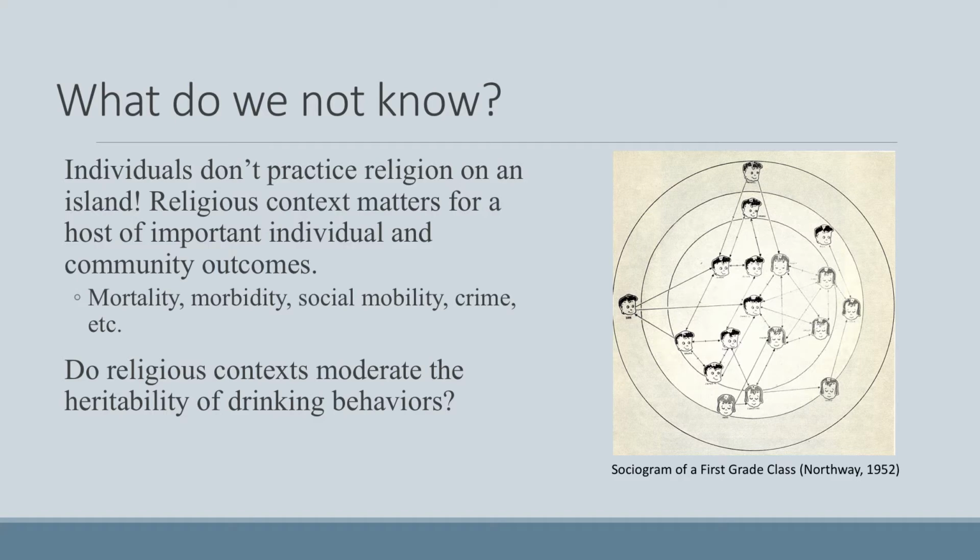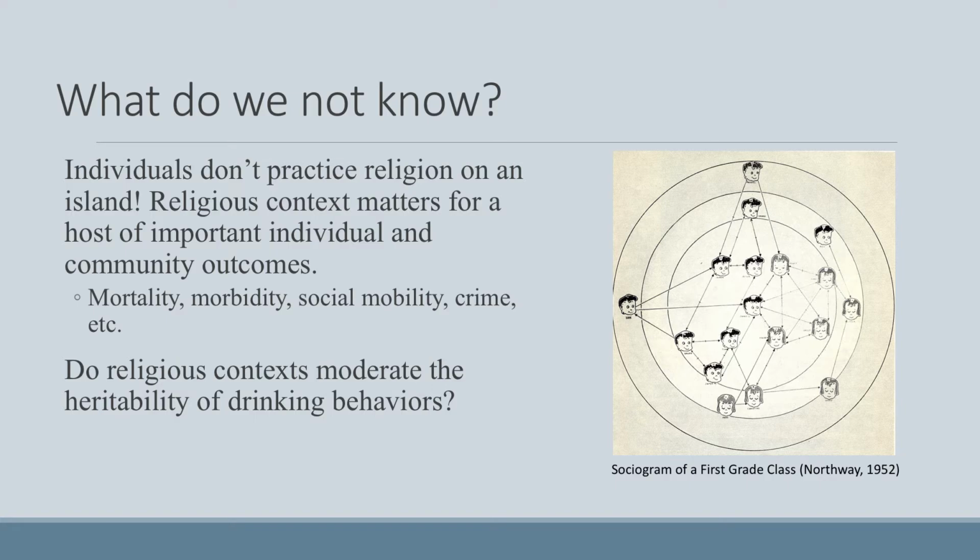So what do we not know? Individuals don't practice religion on an island, right? Even though this is something that is very personal, it's also socially influenced. Religious context matters for a ton of important individual and community level outcomes, such as mortality, morbidity, health, social mobility, crime.